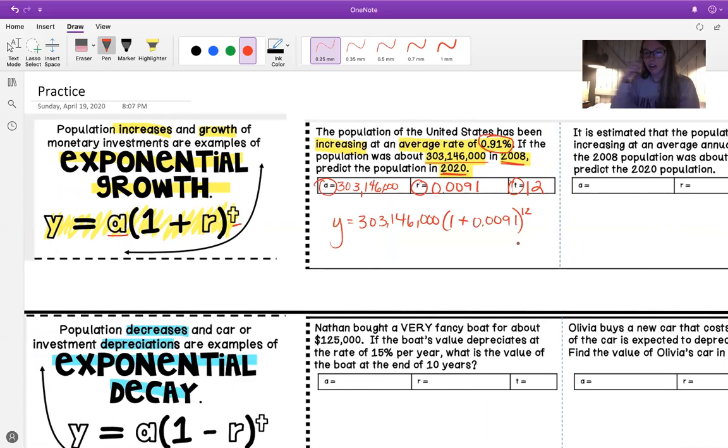Now all you have to do is follow order of operations, plug all of that into your calculator, and you are going to get Y equals 337,950.